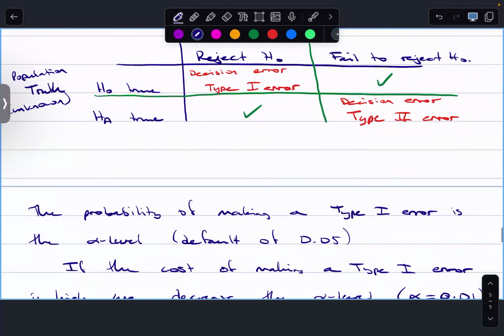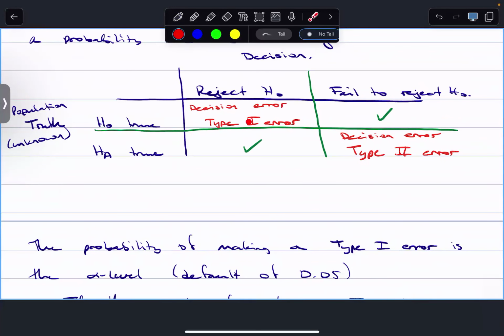Now, the type 1 error, the probability of making a type 1 error, that's the one we have more control over, right? We can control it by setting our alpha level. The type 2 error is when I fail to reject H0 when I should have rejected it, right? And so I don't have very much control over that. The only way that I can decrease the probability of a type 2 error is by increasing my sample size.